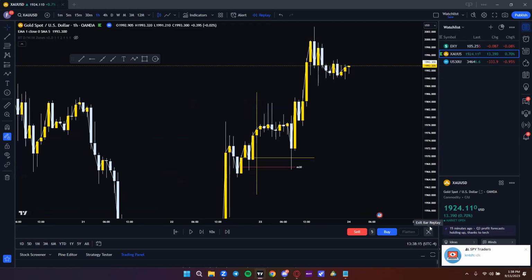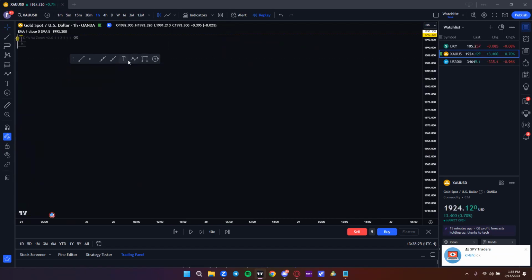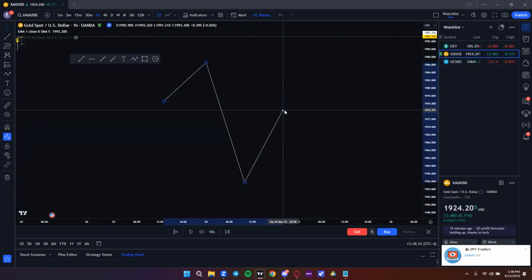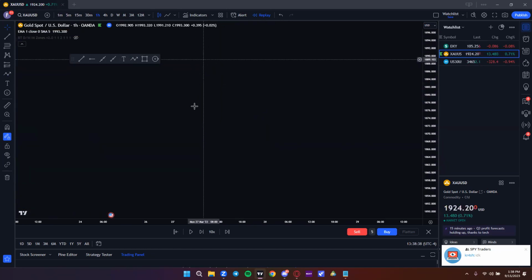Okay. So that is an example of how a breakout level can work. Now you have two frameworks, right? To make it simple, let me actually go down here.